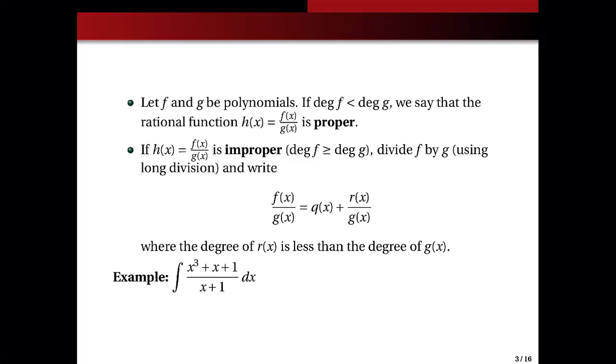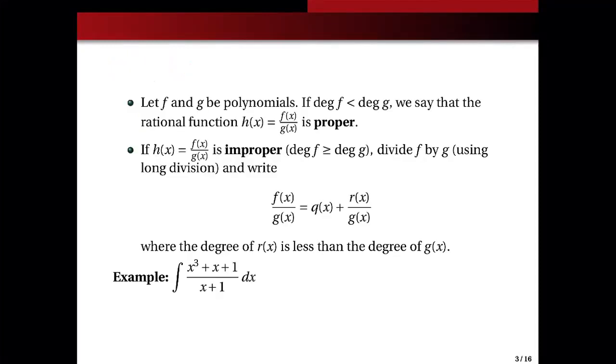So let us do that here. You want to integrate x cubed plus x plus 1 divided by x plus 1 dx. This is an improper rational function. What I said earlier is to do the long division in order to get this expression here.